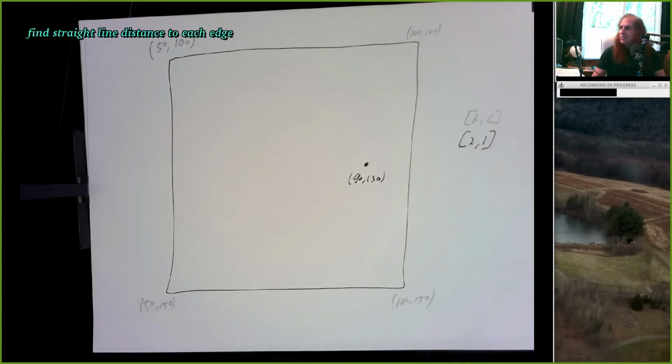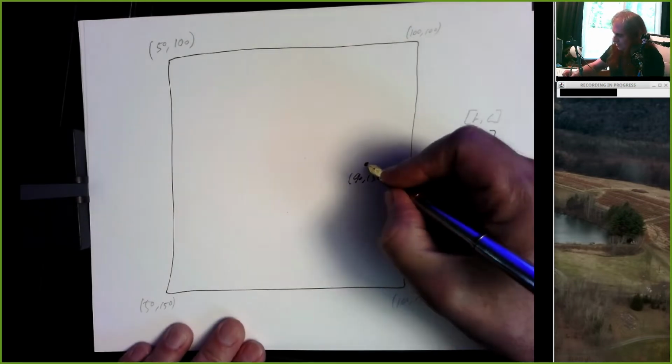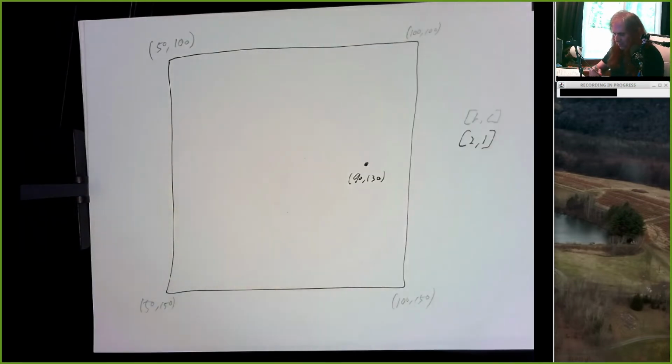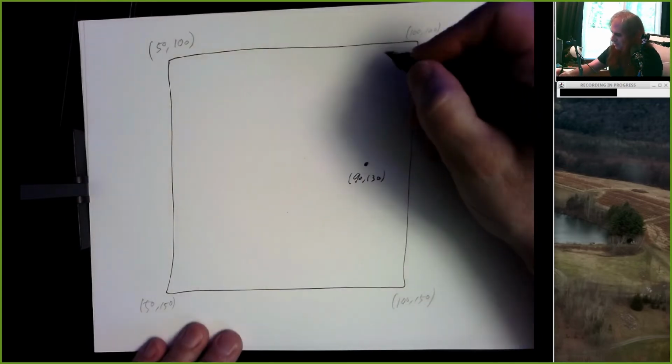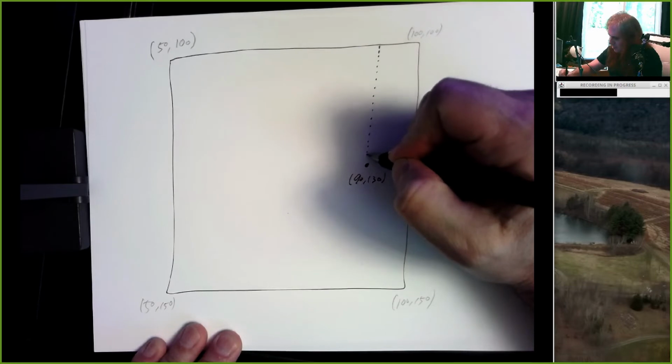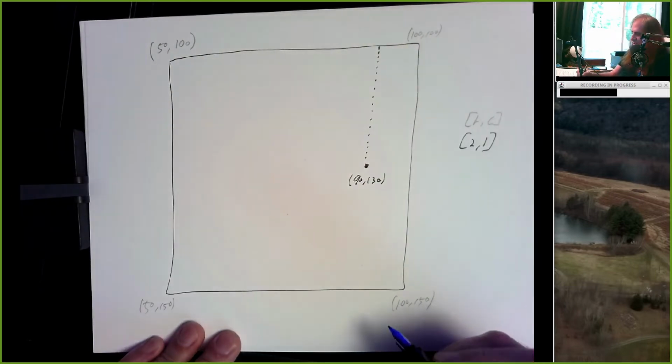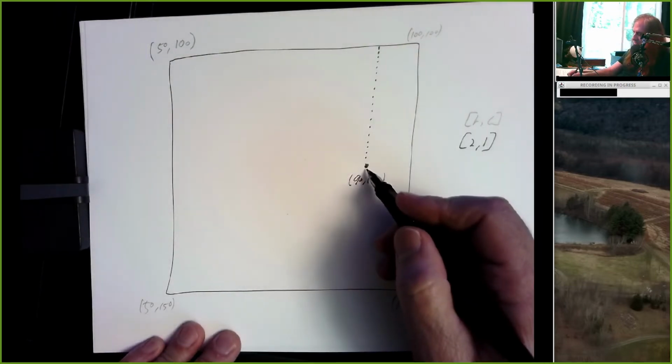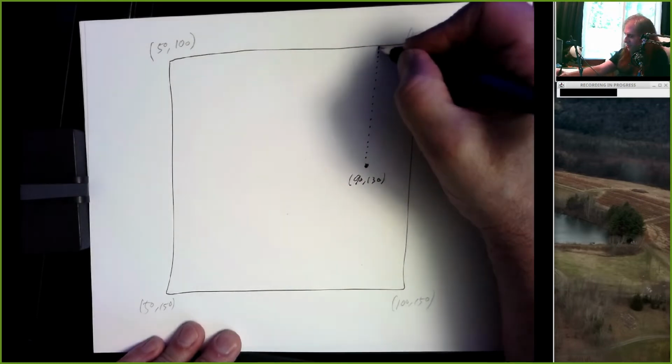So find the straight line distance to each edge. Let's look at a straight line from the point that was clicked to the top. The shortest distance is going to be, keep the X coordinate the same and just use the Y coordinate of 100.